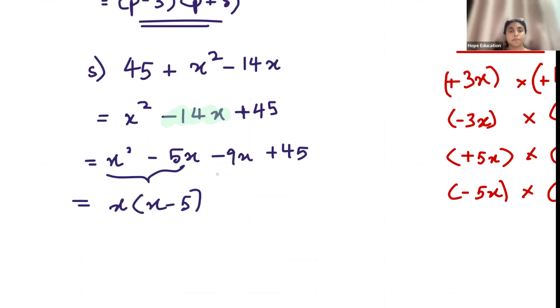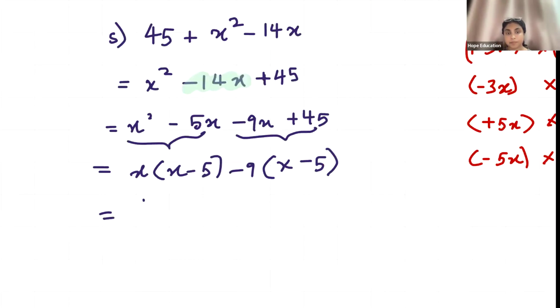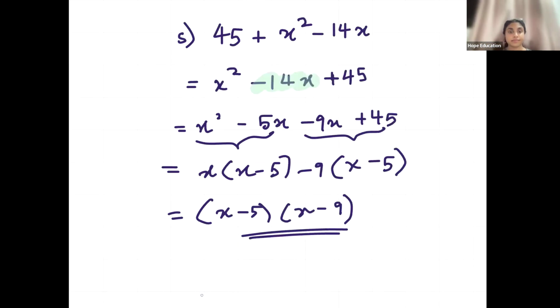So what we get is x minus 5 and x minus 9. Is this clear to all of you, Lamai? Is this clear? Others? All right, 1 minute for recorrections. Make it fast.